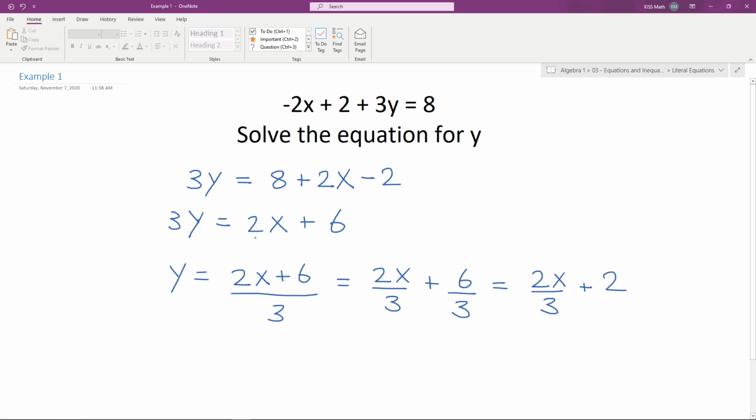So this is still correct. A little bit more simplified way of writing the equation for y would be 2x over 3 plus 2.